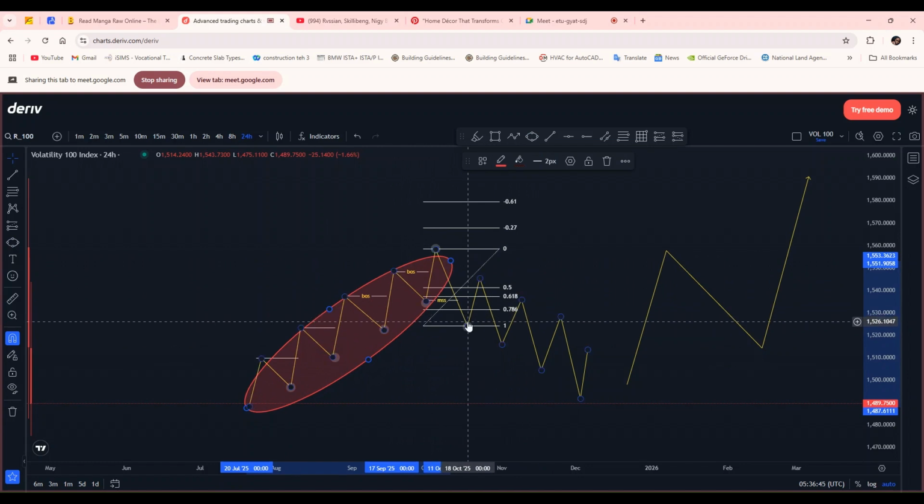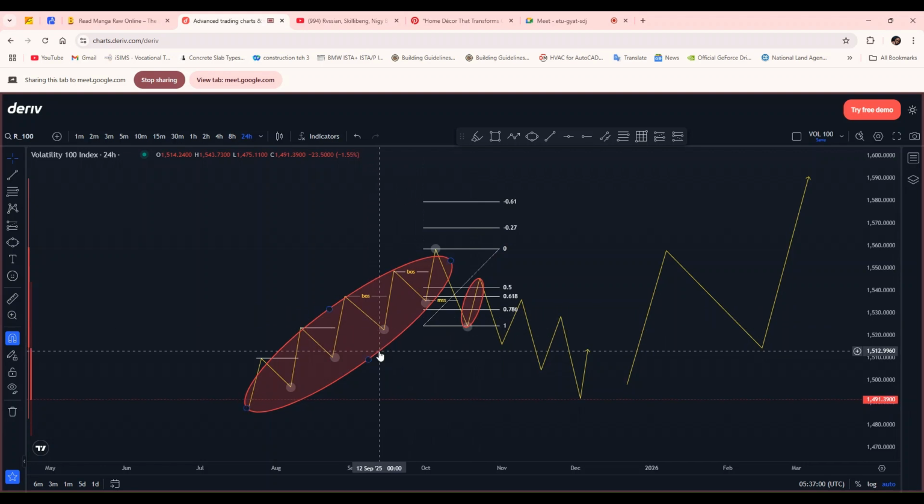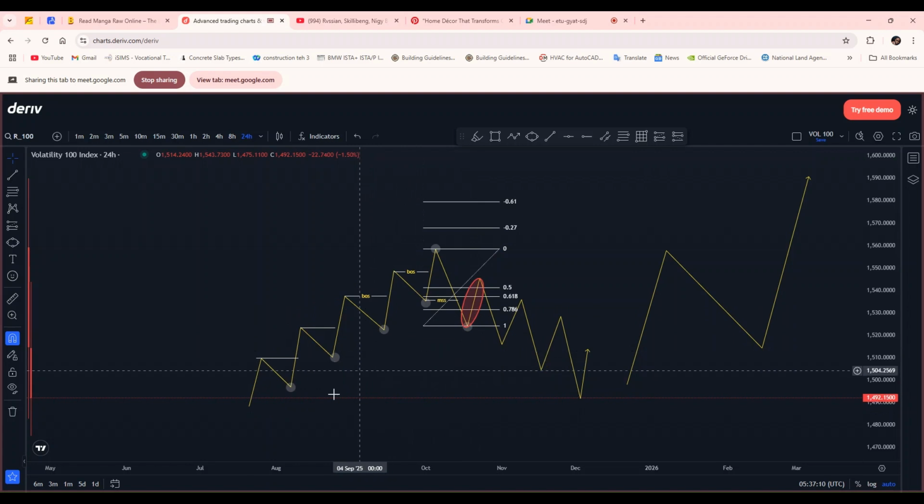Whatever is happening on this pullback to retest into the 50% is basically the exact same thing that happened out here, because what you may not know is that the market keeps doing the same thing over and over again. Though this is an uptrend on the external market going up, if you go on a lower time frame, you're going to see this leg as an uptrend also. So this was a minor uptrend.